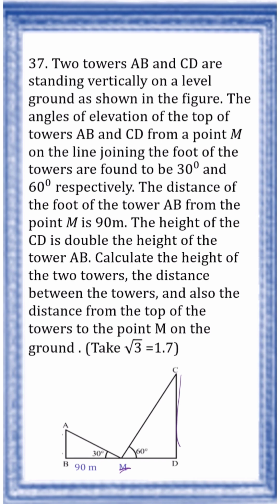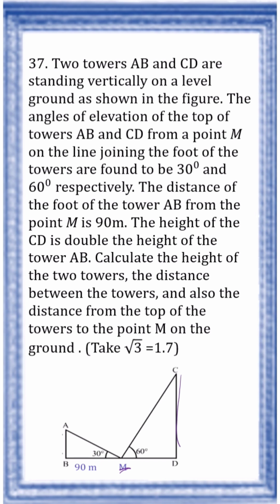The distance of the foot of the tower AB from the point M is 90 meter. The height of the CD is double the height of the tower AB. Calculate the height of two towers, the distance between the towers, and also distance between the top of towers to the point M.